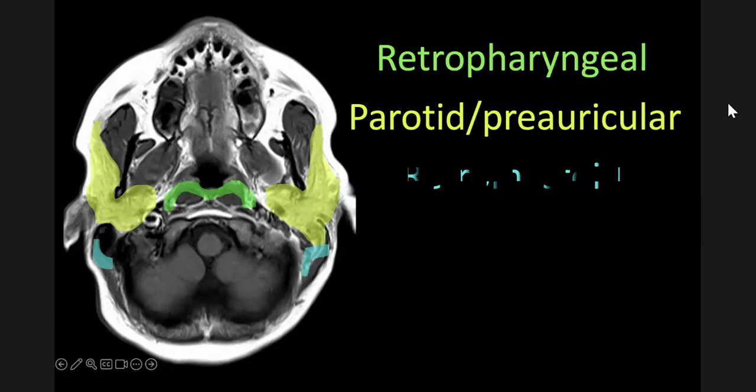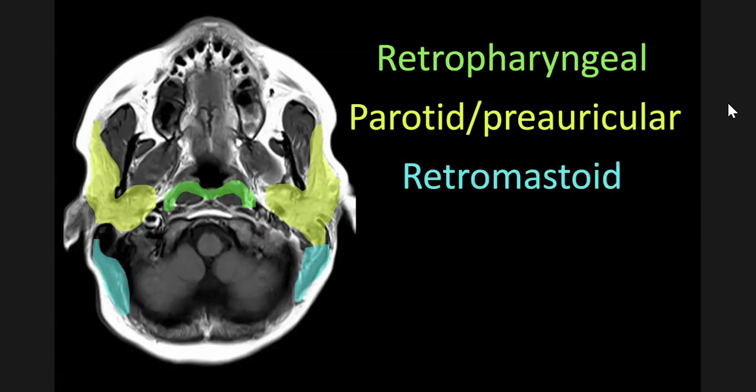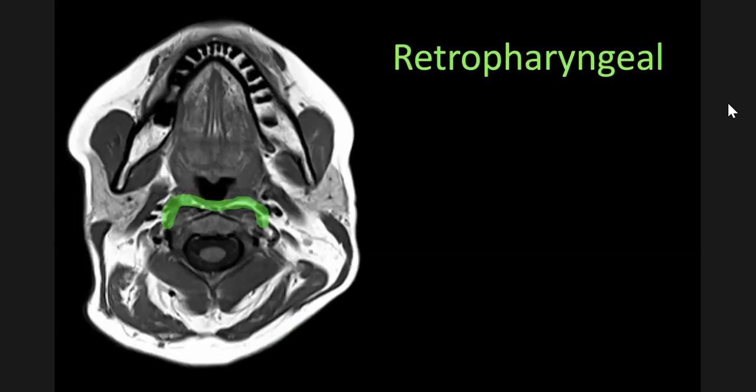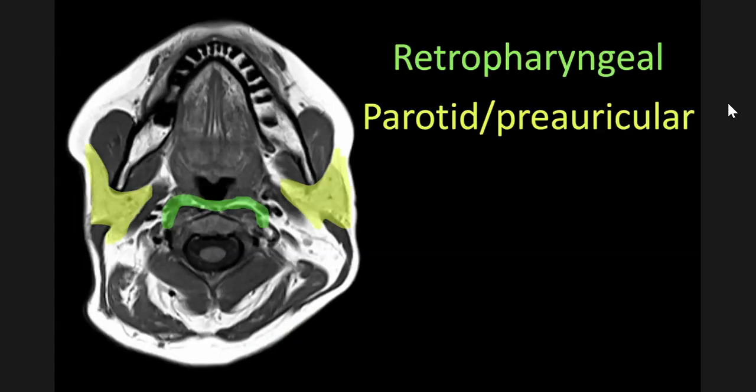We have the retromastoid lymph nodes that are sort of superficial to the sternocleidomastoid muscle. So around the sternocleidomastoid muscle, those are the retromastoid lymph nodes. We have the occipital lymph nodes. We have the facial lymph nodes that are along the facial vessels in the face. And then we have, again, a level showing retropharyngeal, parotid, preauricular, the occipital group.